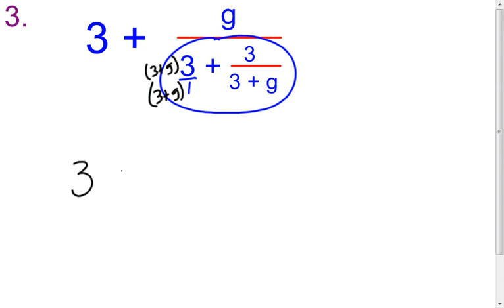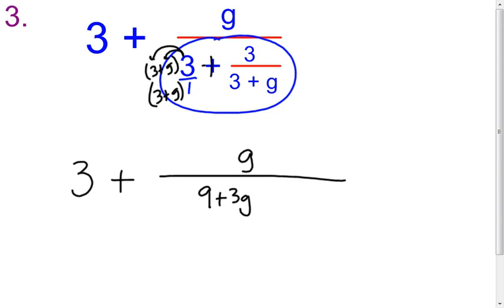So I will have 3 plus g over, and then right here I'm going to distribute this 3 through. So 3 times 3 is 9 plus 3g, and then this plus right here, and this 3. And then my common denominator is 3 plus g.